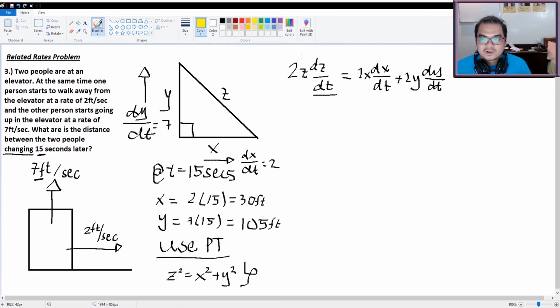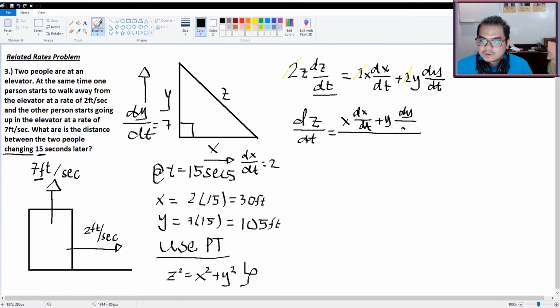You can see we can cancel out 2, they are common, and we can just isolate dz over dt. Therefore, dz over dt must be equal to x dx over dt plus y dy over dt, all over this z.